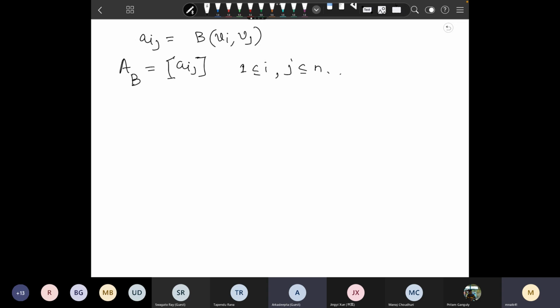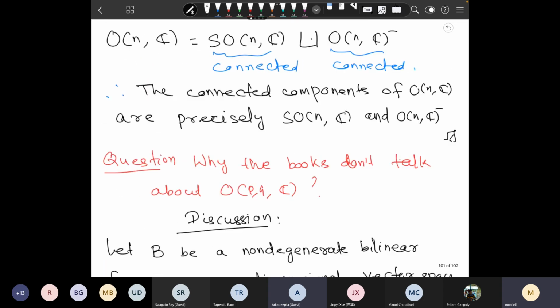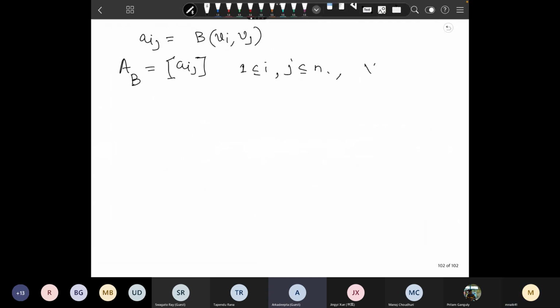By this basis S1, I really get an isomorphism to K to the power n.